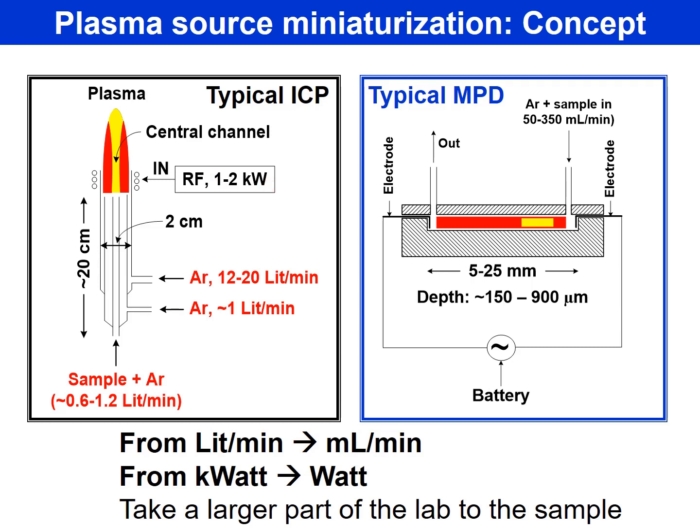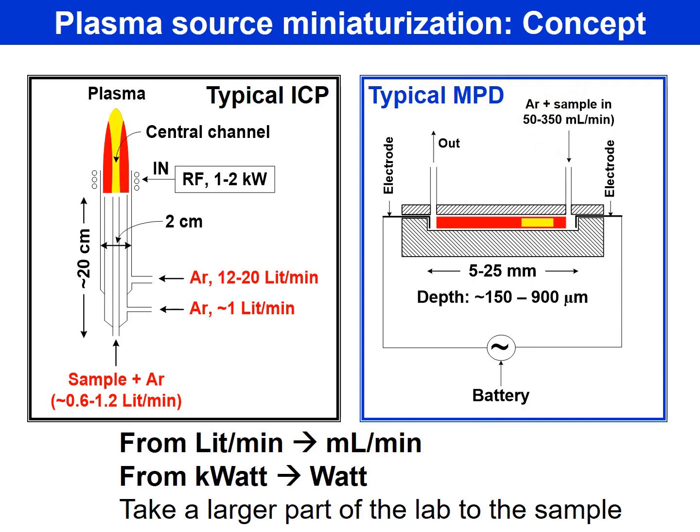So really it cannot be used out in the field, and there's a total of about 20 liters per minute of gas flow. For the typical microplasma, it would be in the milliliters per minute. So we have low electrical power, battery operation, and we have low flow rate.